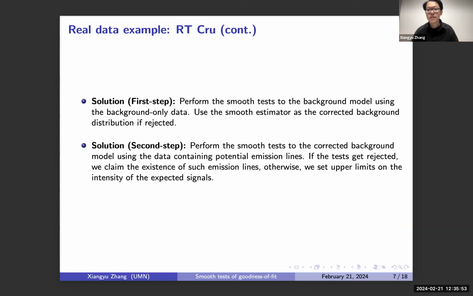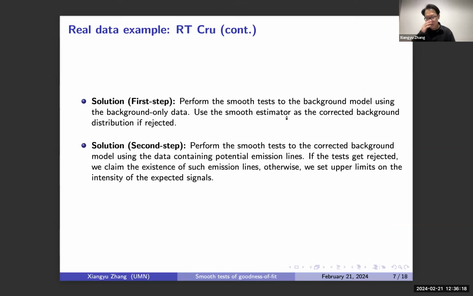In our case, it can be a uniform model, or some previous background model that you trust. We fit this background model using the background-only data. If the test gets rejected, we will use the smooth estimator as our corrected background distribution.